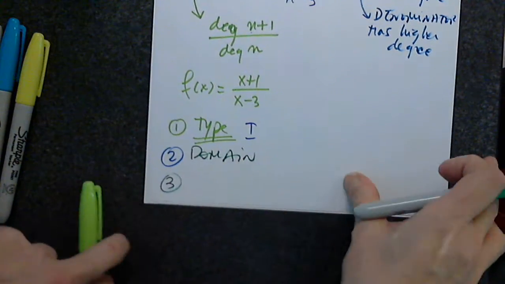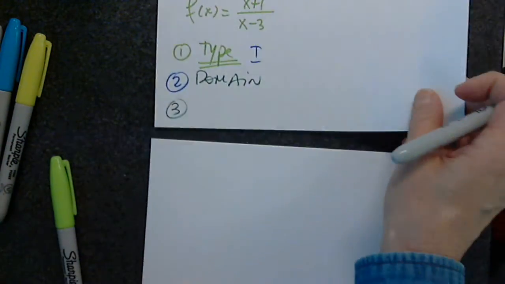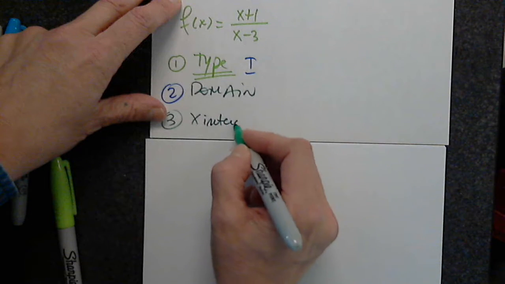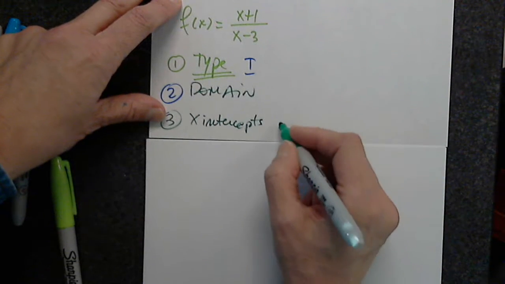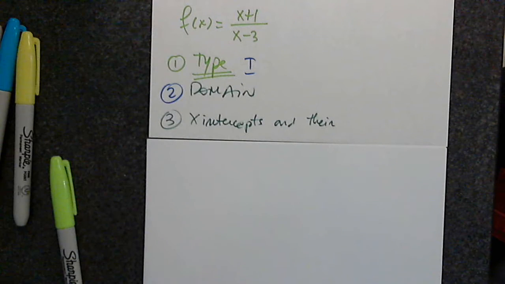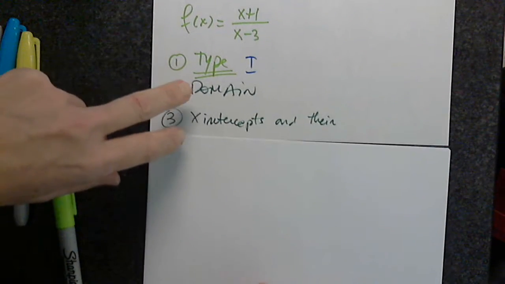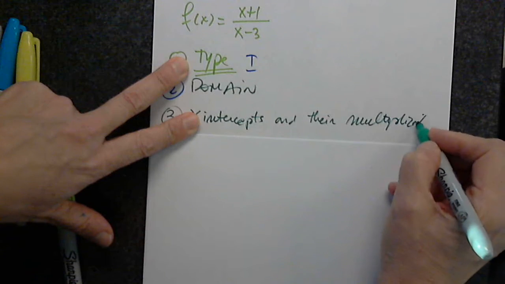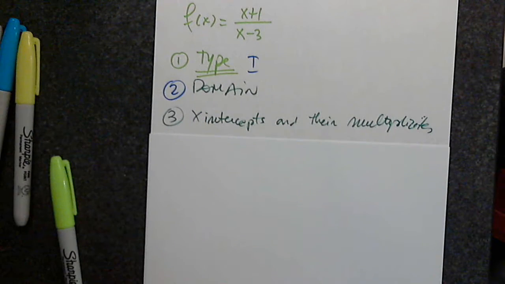In step number 3, x-intercepts, and possibly their what? It starts with M. Multiplicities.